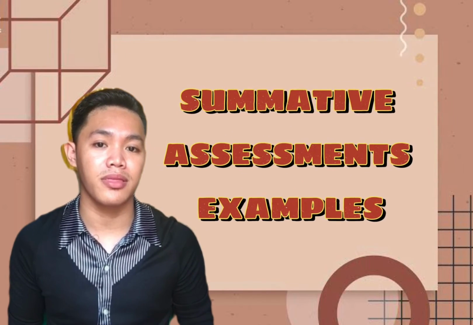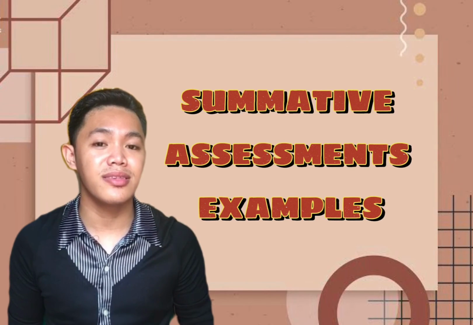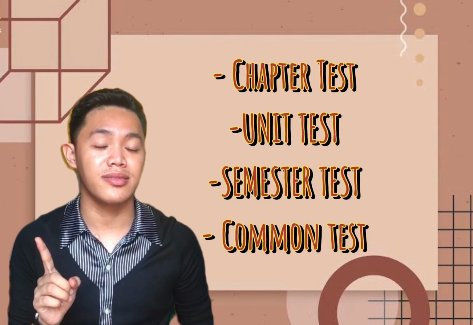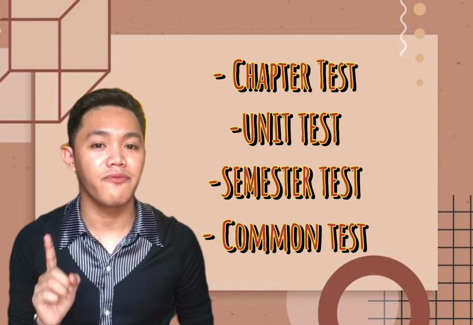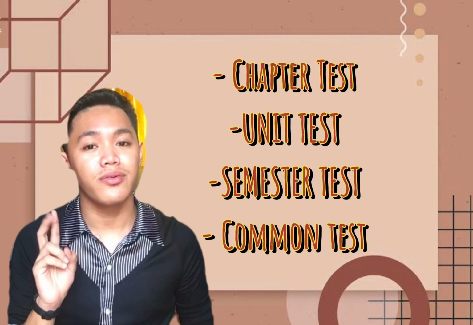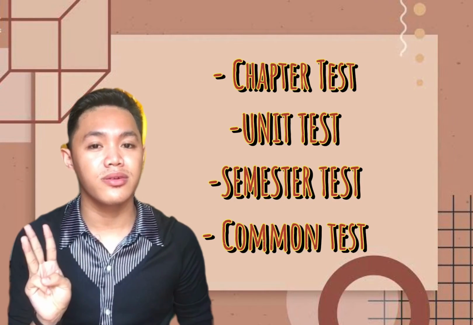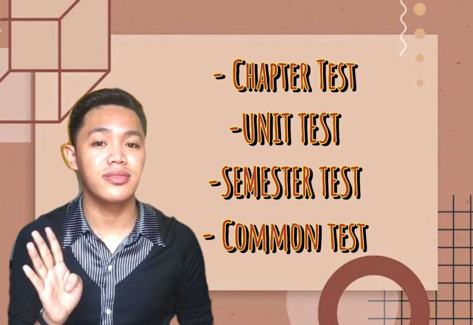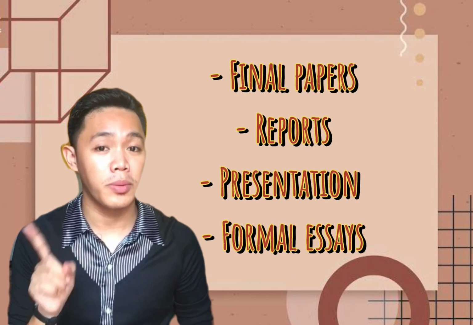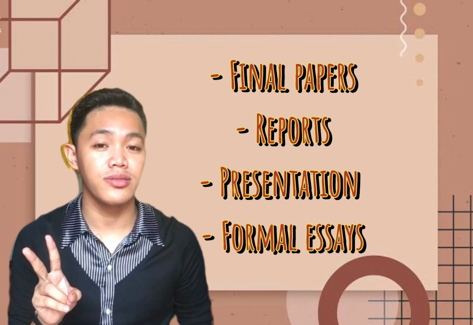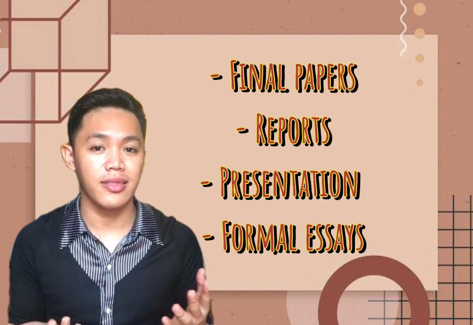So let us now go to the examples of summative assessment. This includes chapter tests like midterms and finals, and also unit tests, semester tests, common tests, final papers, reports, presentations, formal essays, and among others.